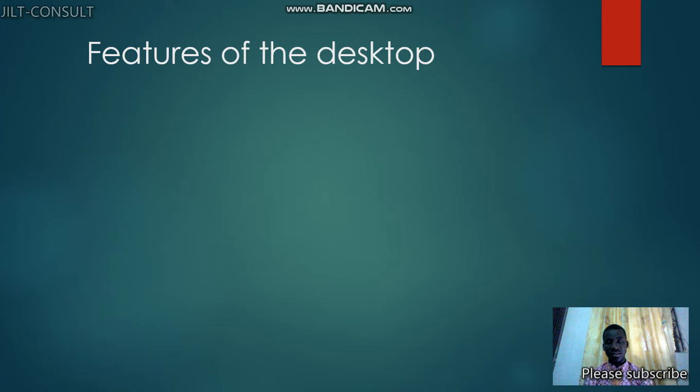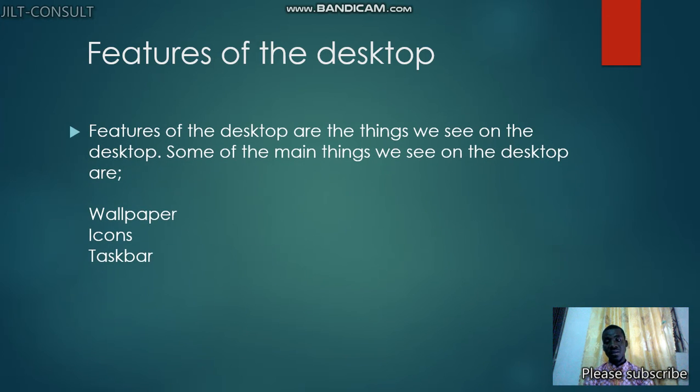So let's see the features. Features of desktop. We have the wallpaper, icons, and the task bar. When you turn on your computer, you're going to see these 3 things: the wallpaper, the icons, and then the task bar. When you see this, then you know you're in your desktop.